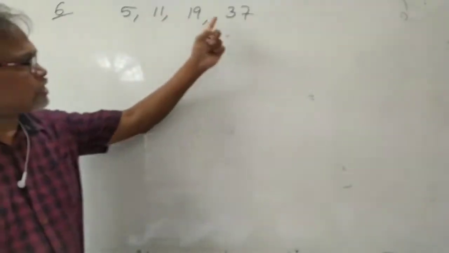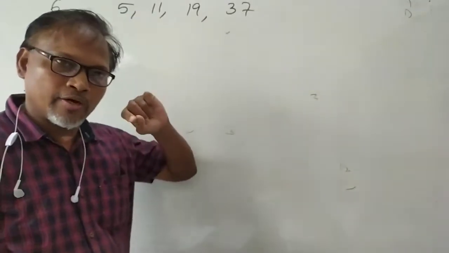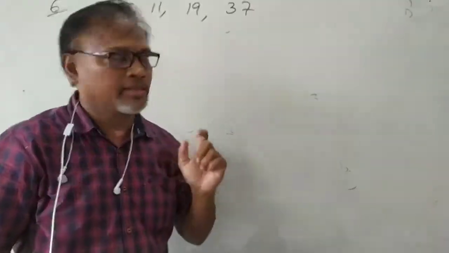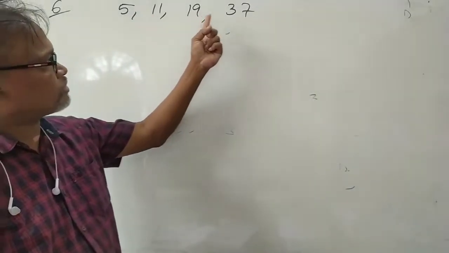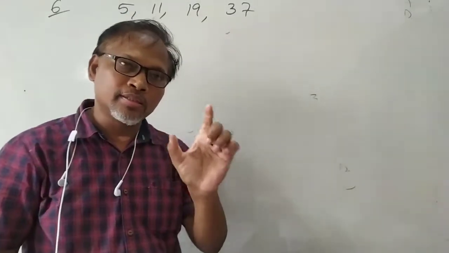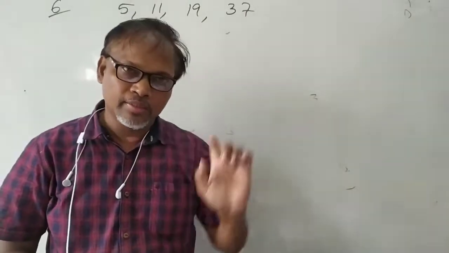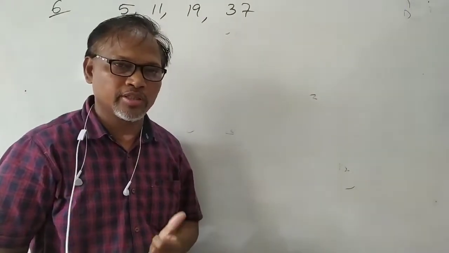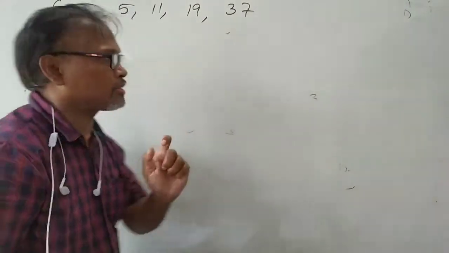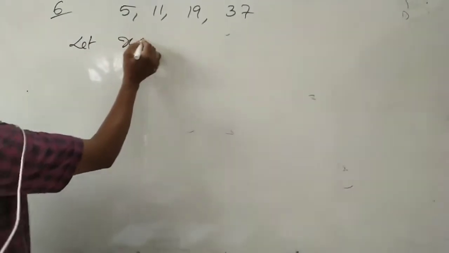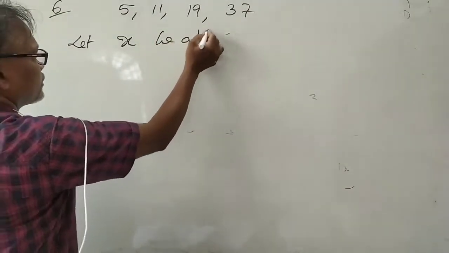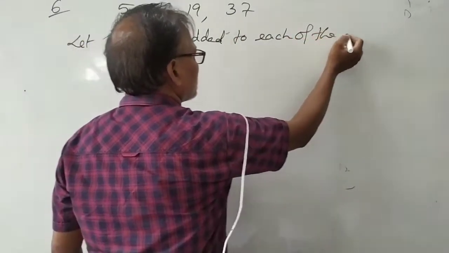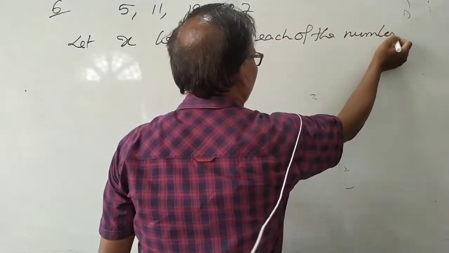So right now these are not in proportion, but after adding a number, the same number to all of them, for example if 5 is added, then add 5 here, 5 here, 5 here too. After that, all four numbers will be in proportion. Because you don't know the exact value, you let x be added to each of the above numbers.